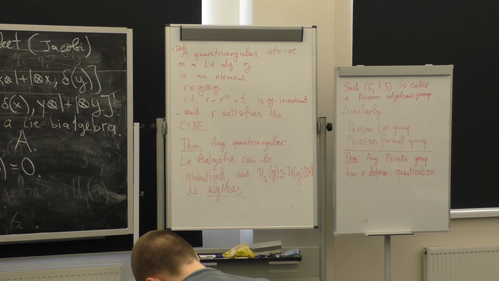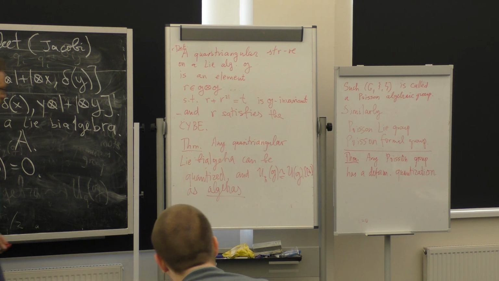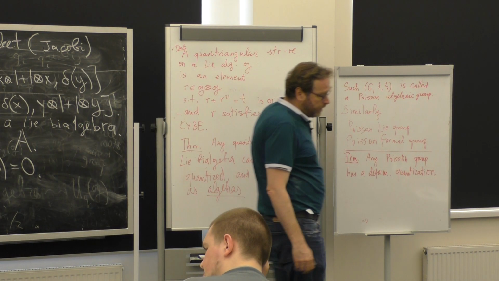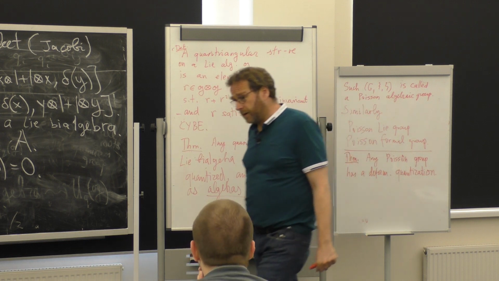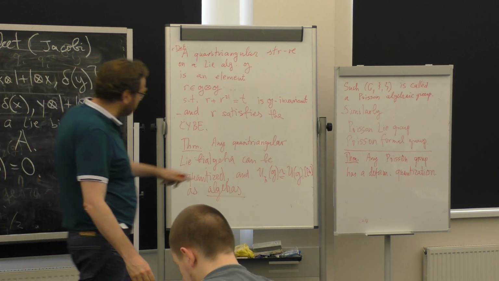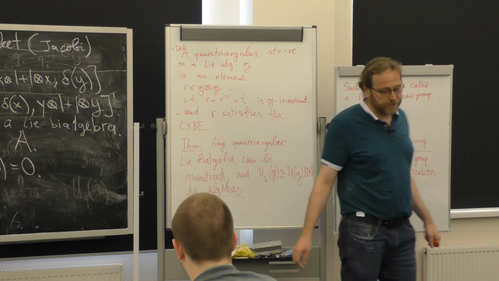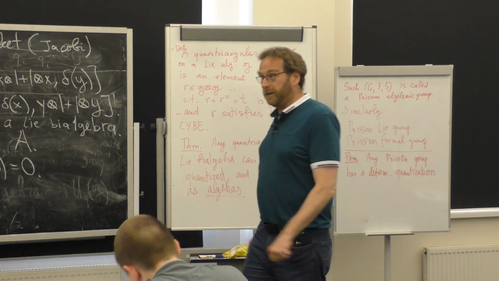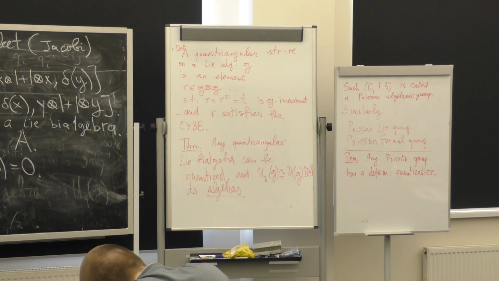And this is not very hard to prove by classical deformation theory, because actually H2 of U of G with coefficients in U of G is 0 by Whitehead's theorem. But to construct a particular isomorphism is pretty difficult. Only recently, people were able to explicitly construct such an isomorphism for SL_N. And it still remains an open problem for other types.